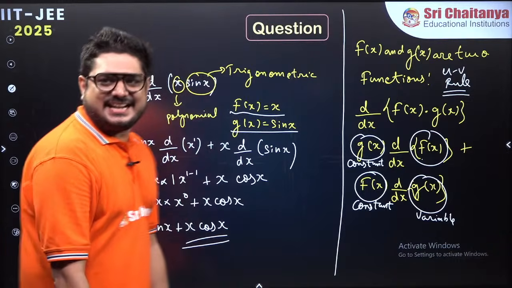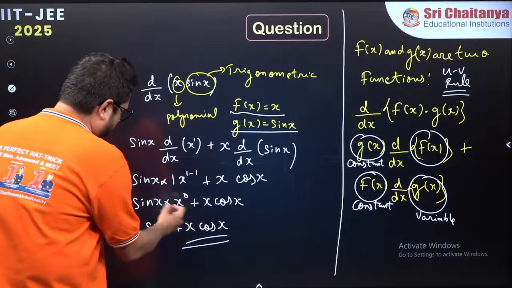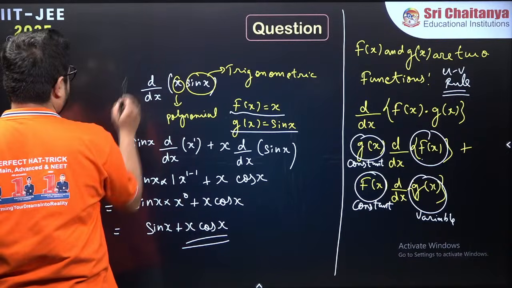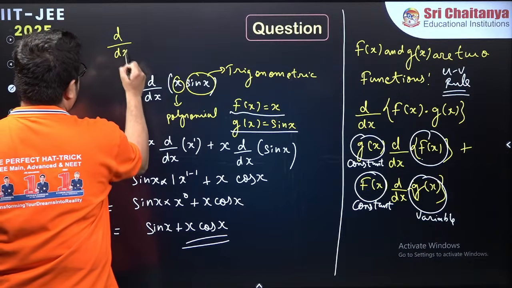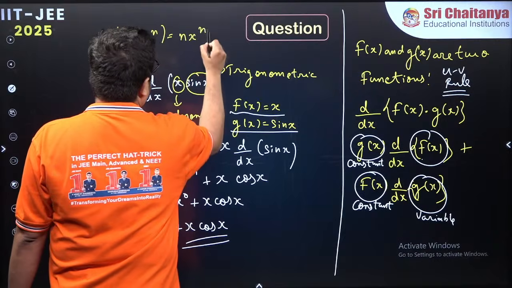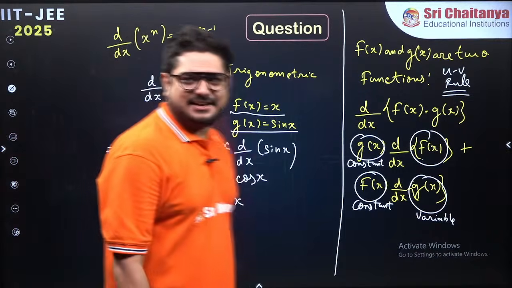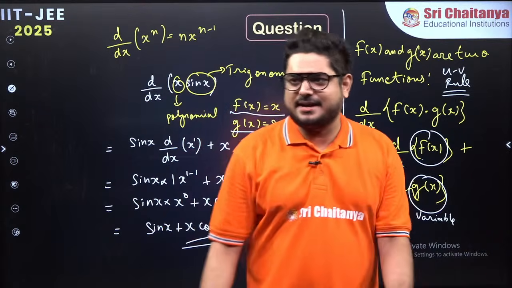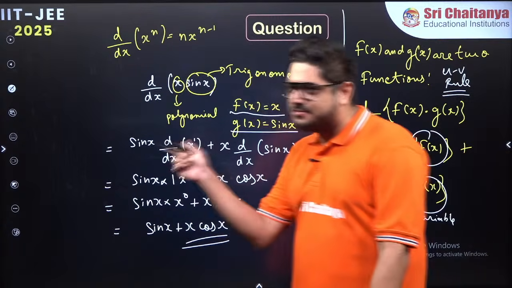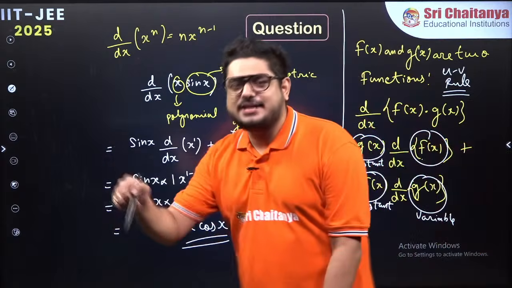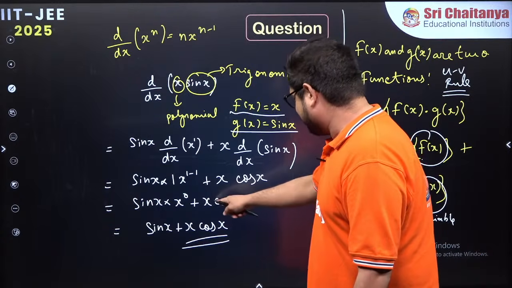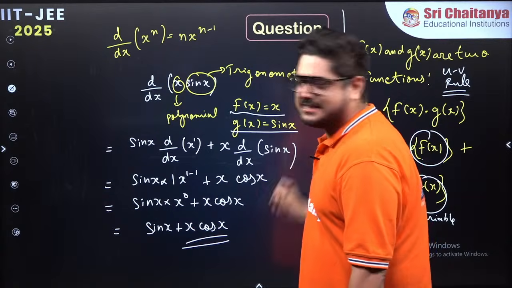So I can write sine x into, using the property d by dx of x to the power n is equivalent to n into x to the power n minus 1. So it will become 1 into x to the power 1 minus 1, which is 0, plus x of, we already know that d by dx of sin x is cos x.